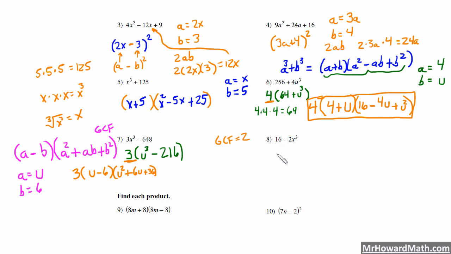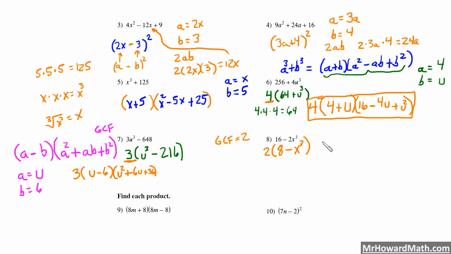So let's do that. Factor out a 2, and that leaves us 8 minus x cubed. And now we have a good old-fashioned difference of two cubes, so we're using this pattern right here.